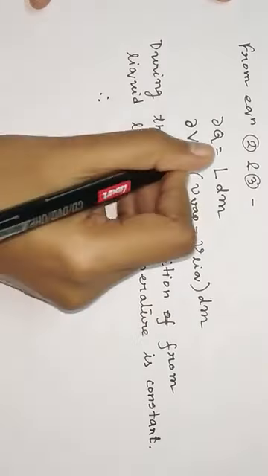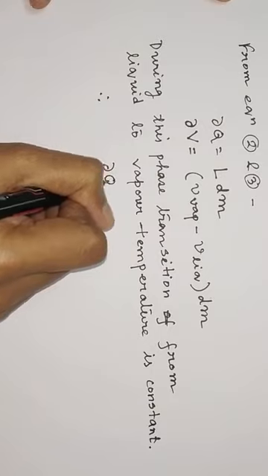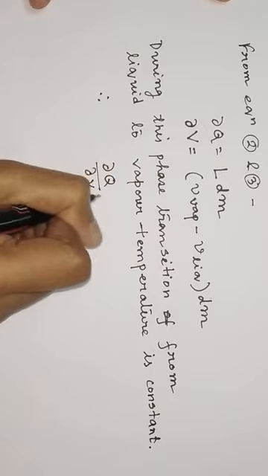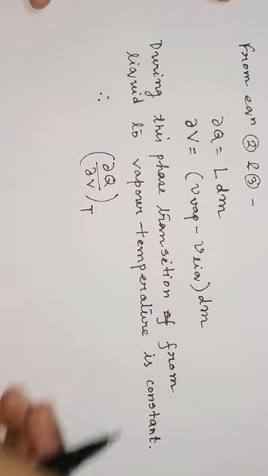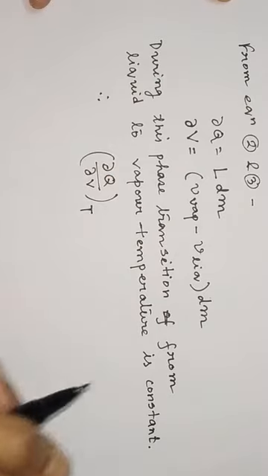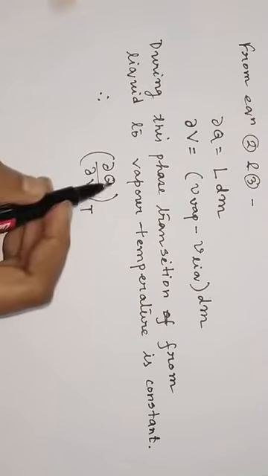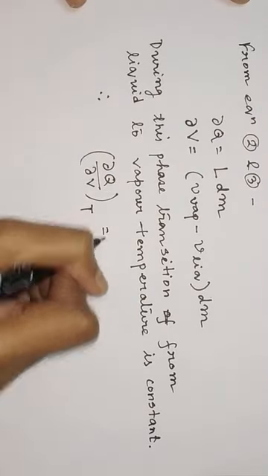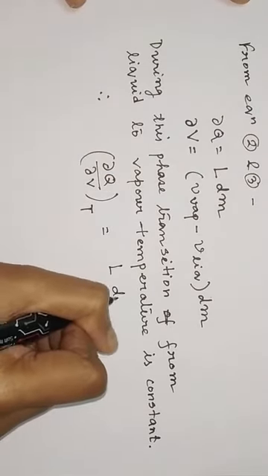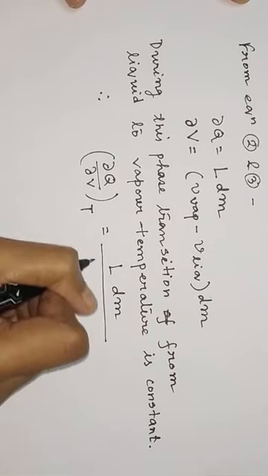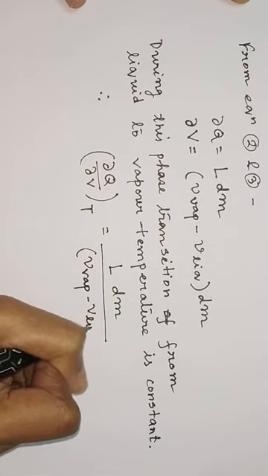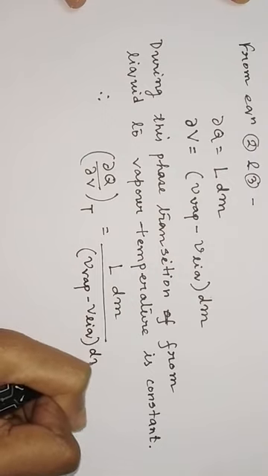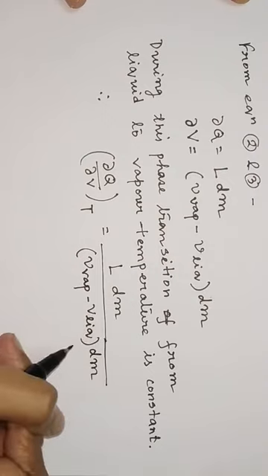Therefore, if we combine this, del Q del V at constant T, as the temperature remains constant during this phase transition, equals L dm by (V vapor minus V liquid) into dm.